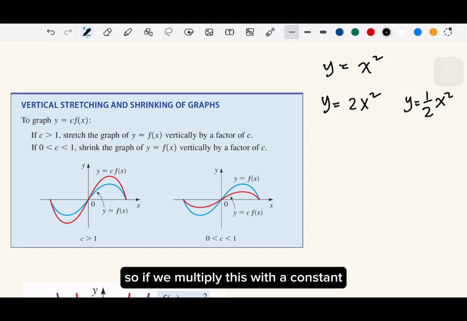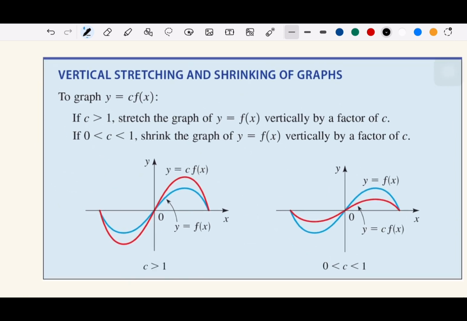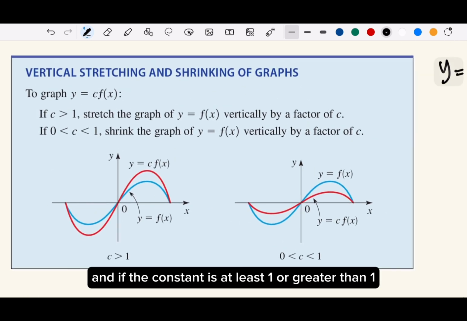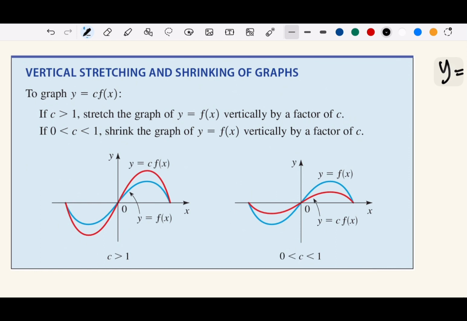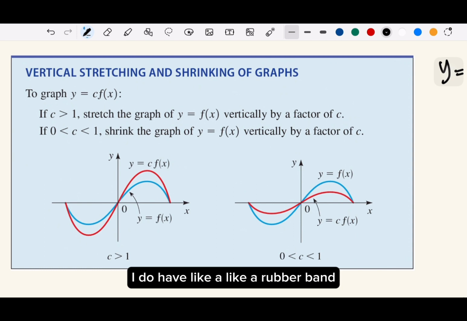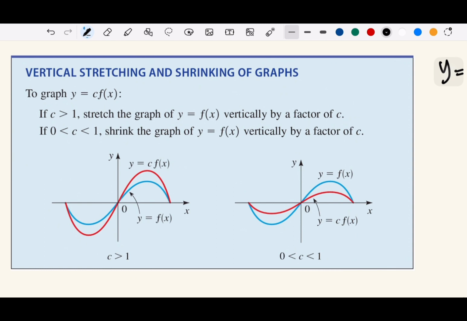So if we multiply this with a constant, and the constant is at least 1 or greater than 1, then we can see that it's going to be stretched like this. Like you have a rubber band, you are making it longer and longer.